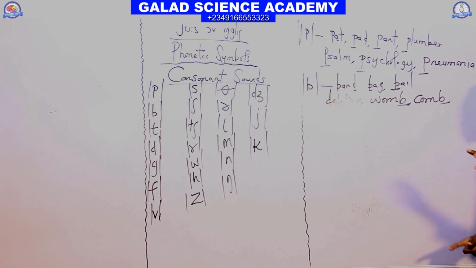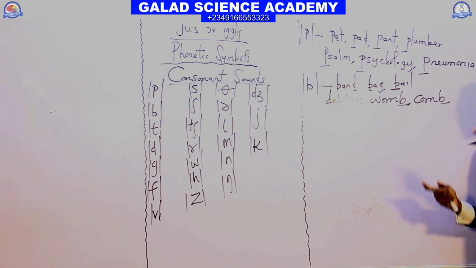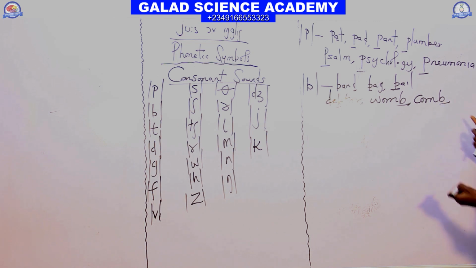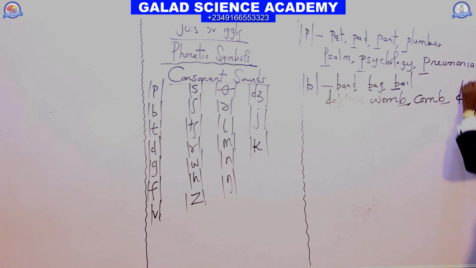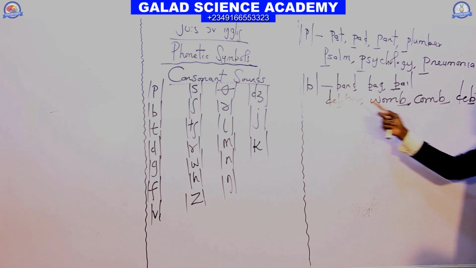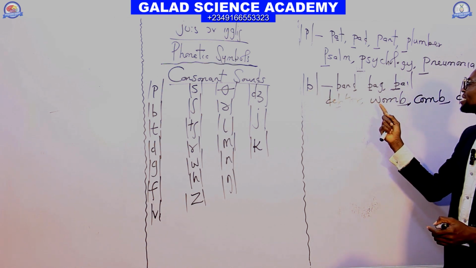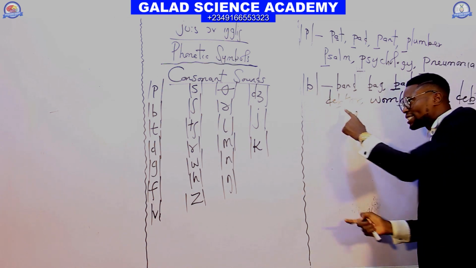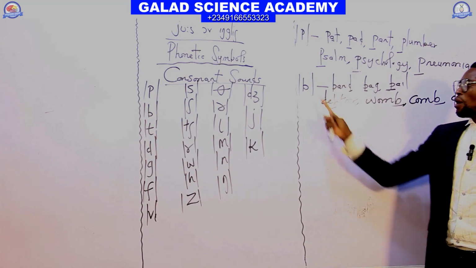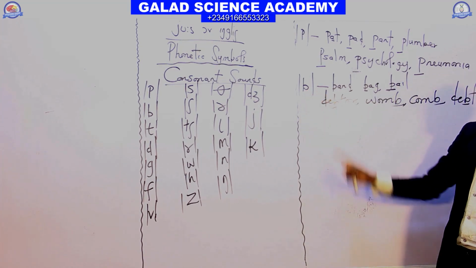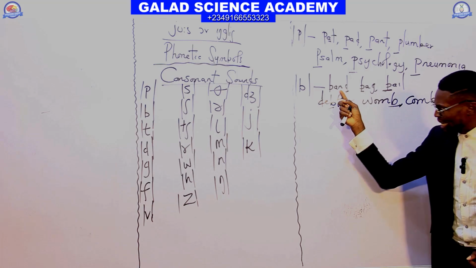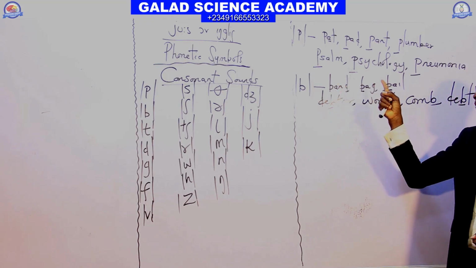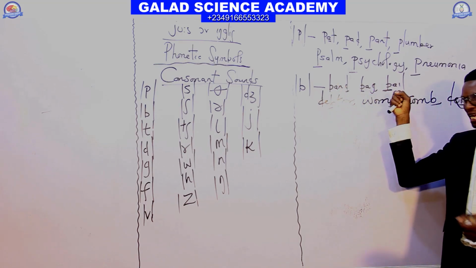Like I have comb, I won't say the B. The B here is voiceless. Of course, I also have debts, so I won't pronounce the B, I will call it debts. So these are the words that are voiceless in this context. Don't let's forget, for this sound, we have the voiced sound, as in band, bag, bill.